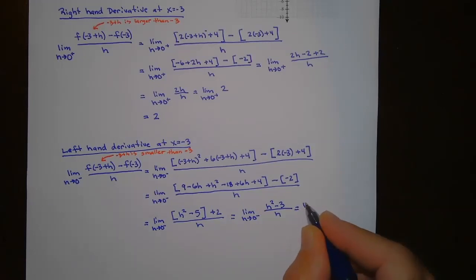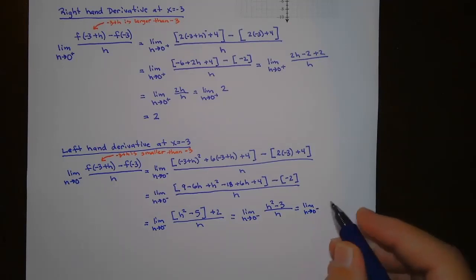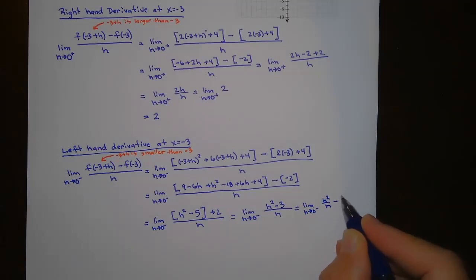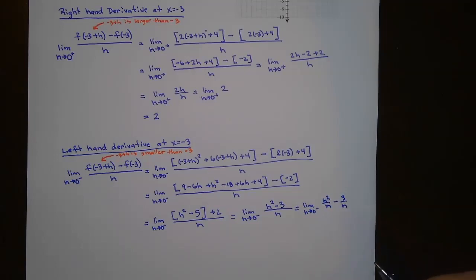This becomes the limit as h approaches 0 from the left of h squared over h minus 3 over h. Okay, and this becomes the limit as h approaches 0 from the left of h minus 3 over h.